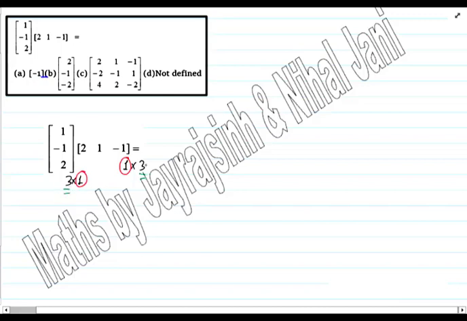The resultant matrix will be order of 3 cross 3. That means it has 3 rows and 3 columns. And if you see carefully, the only option C has the order of 3 cross 3, right? But we should get the answer by complete calculation. So I will calculate it.